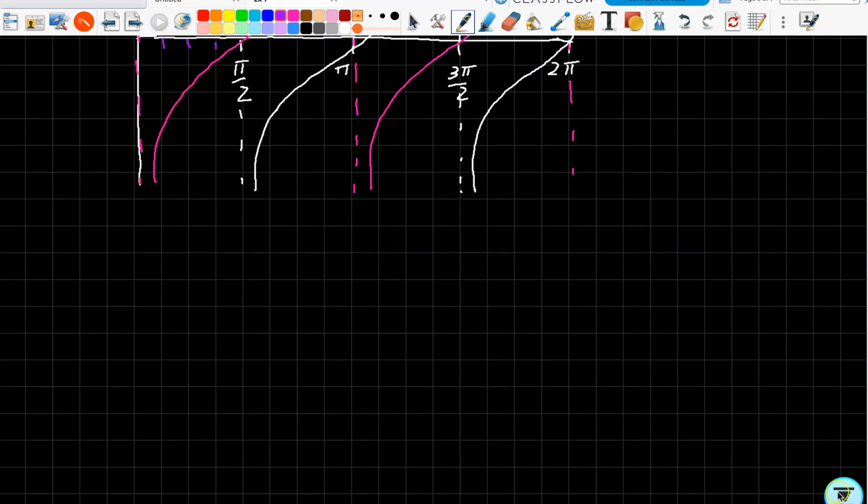When I'm doing the second one, I will count 1, 2, 3, 1, 2, 3, 1, 2, 3.